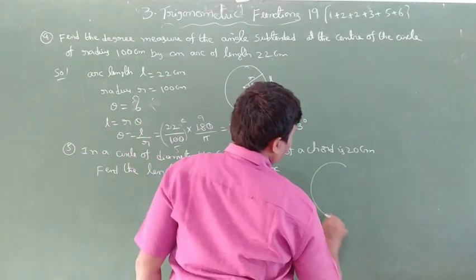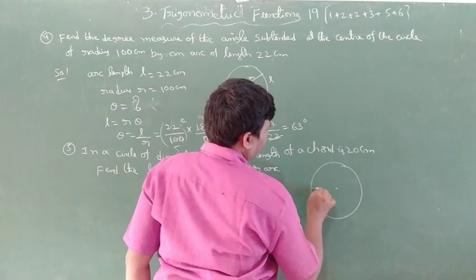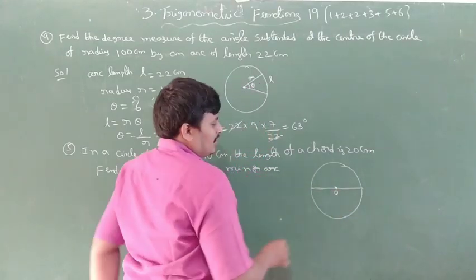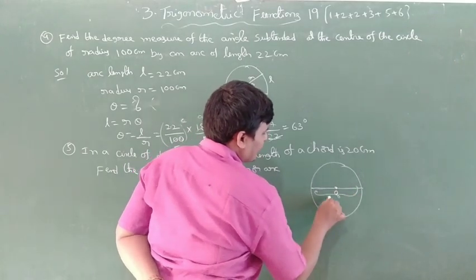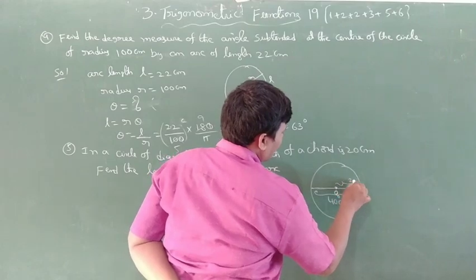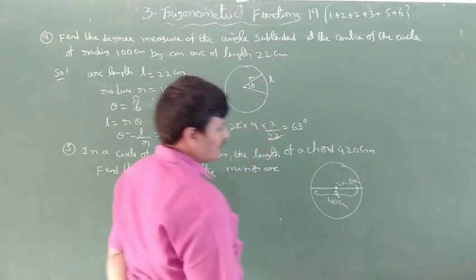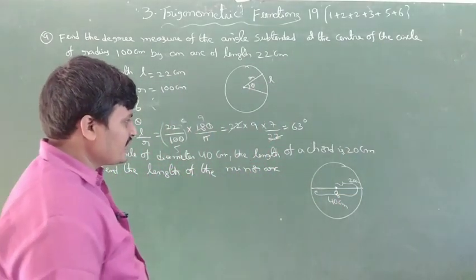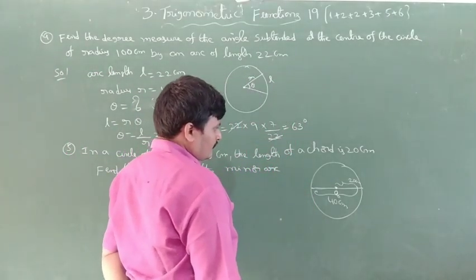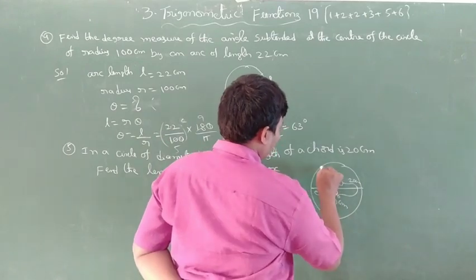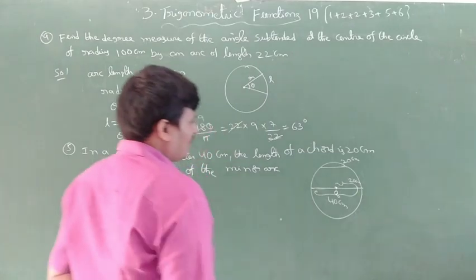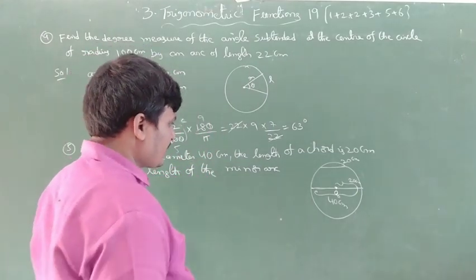This is the circle, this is the center. The total diameter is 40 centimeters, so the radius is 20 centimeters. This is the chord, and the chord is also 20 centimeters.